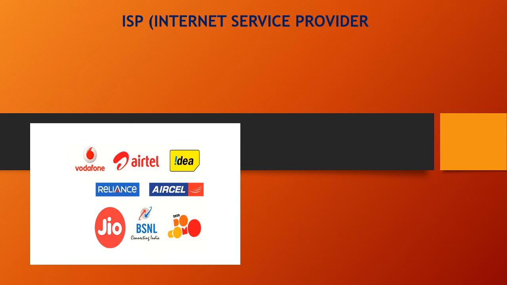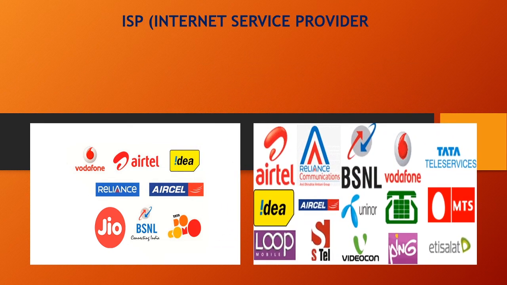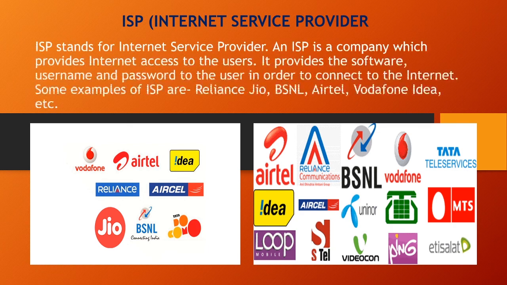These are some examples of companies that provide internet service. To get an internet connection, you need a subscription with an internet service provider, for which you have to pay a monthly or an annual fee. These are some of the popular ISPs that can be used in India.